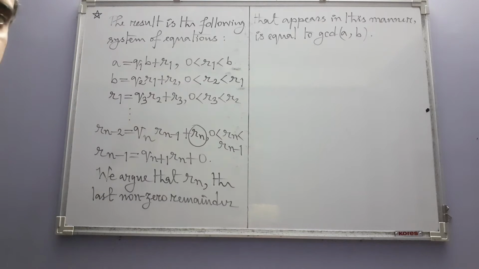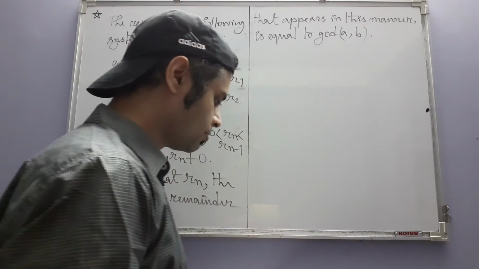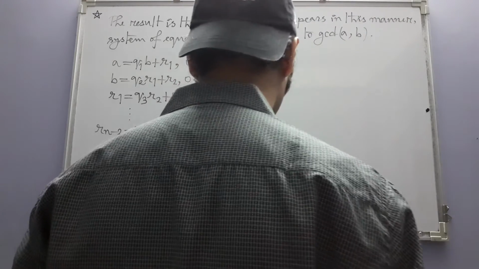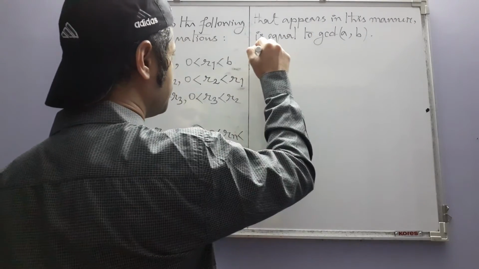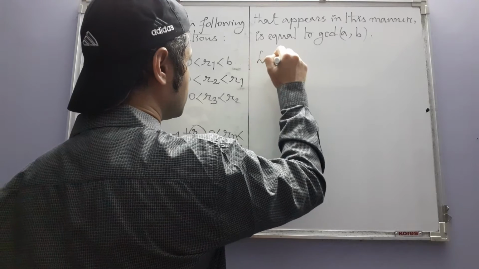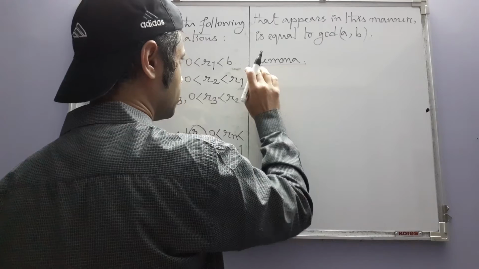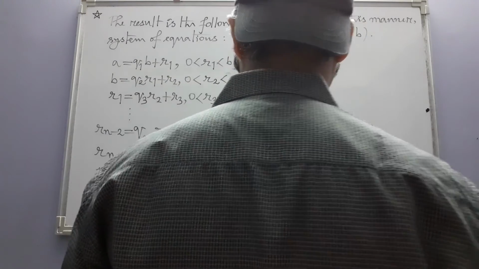Now we will prove this, and in this proof we first need a lemma. The proof is based on this lemma. There's no number, just lemma.